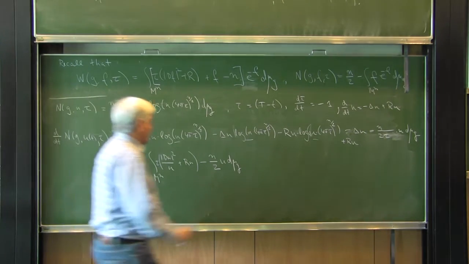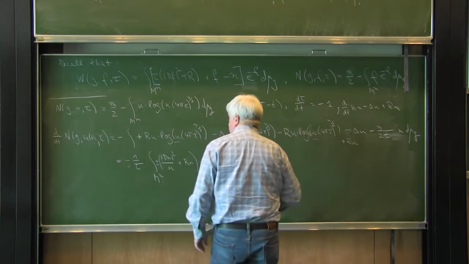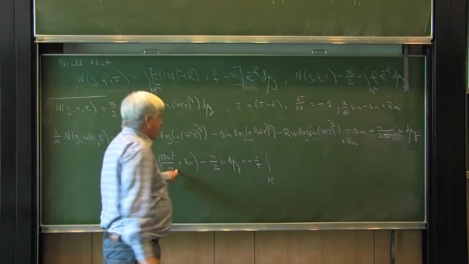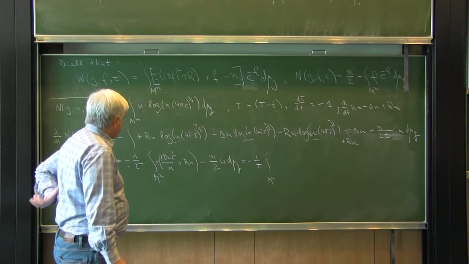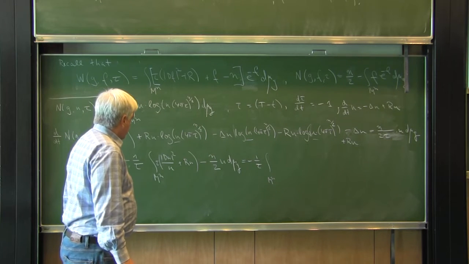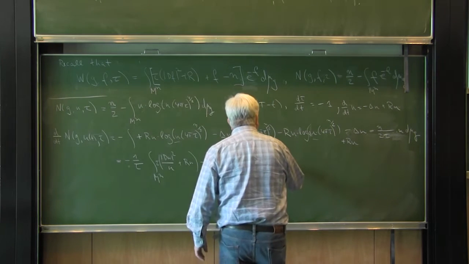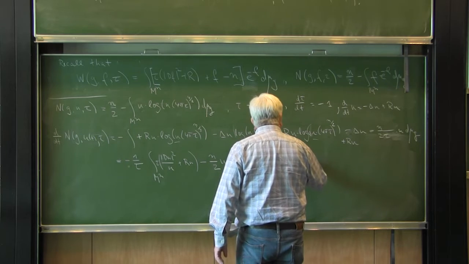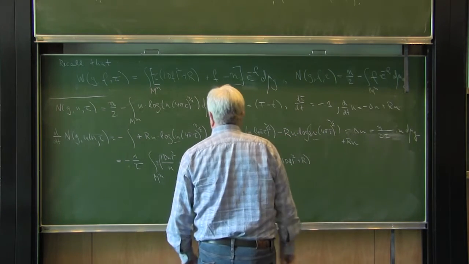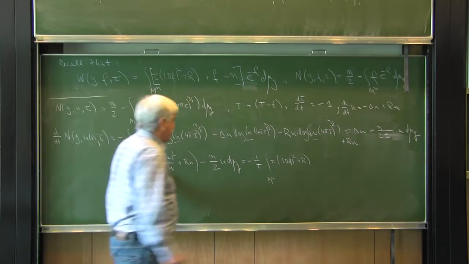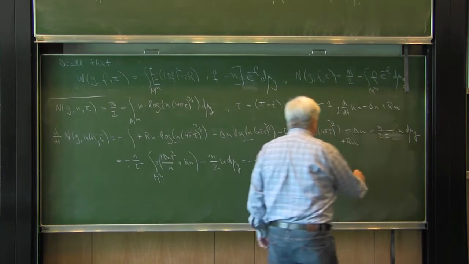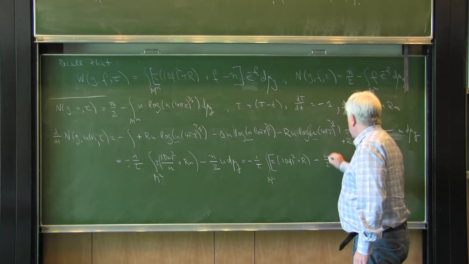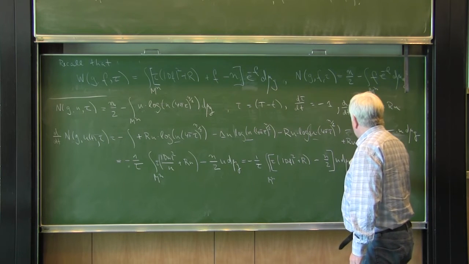And now I can rewrite this as minus 1 over tau, the integral over Mn, and writing this in terms of f again, we get tau times gradient f squared plus R. I put a u outside of everything, and I get here minus n over 2 times u.